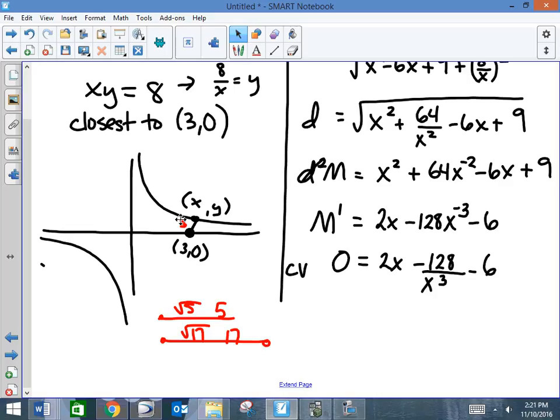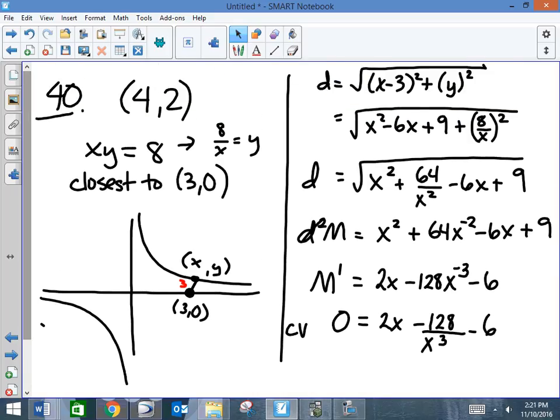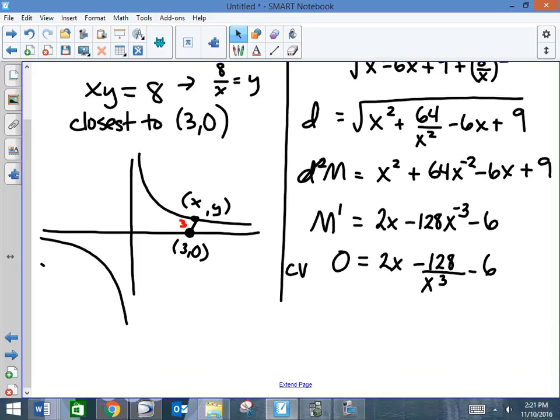I explained that really badly, but you know what I'm saying? It's the same relationship. So as long as you square both, your distance squared is going to be the closest distance. Unless you were looking for the distance, you would have to put it back on. But if it says what is the closest distance, then you would have to put the radical back on. Good question.